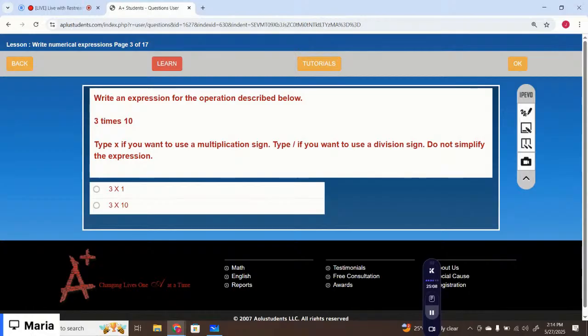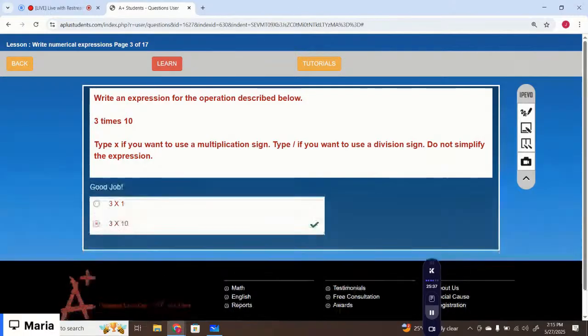That is 3 times 10. Option 3 times 10 is the correct option. 3 times 10 means you need to multiply.